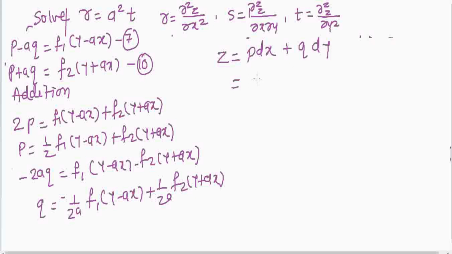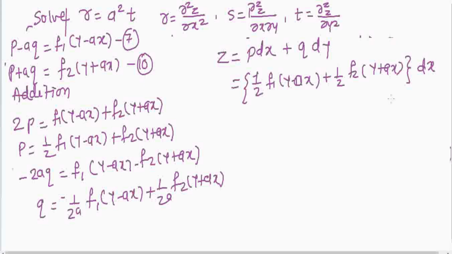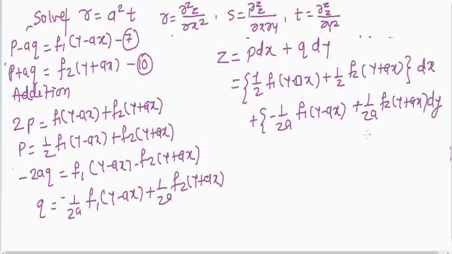What is my p? p equal to 1 by 2 f1 of y minus ax plus 1 by 2 f2 of y plus ax, multiplied by dx, and my q is minus 1 by 2a f1 of y minus ax plus 1 divided by 2a f2 of y plus ax, into dy.